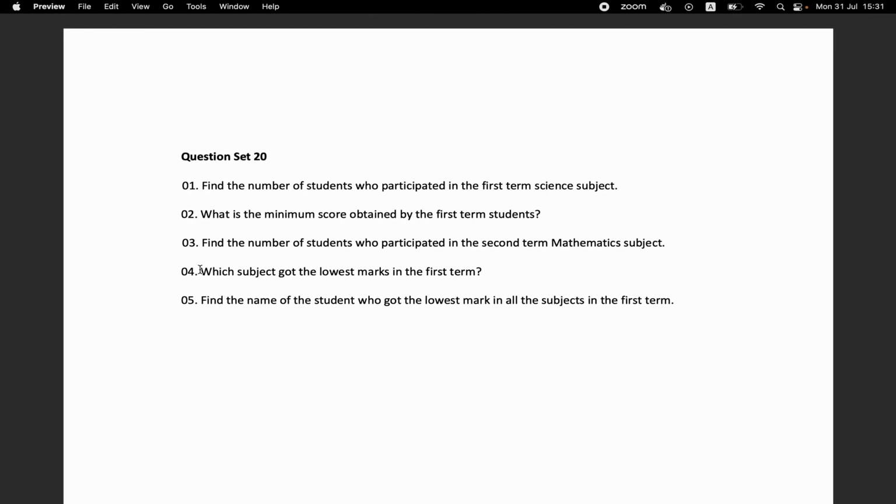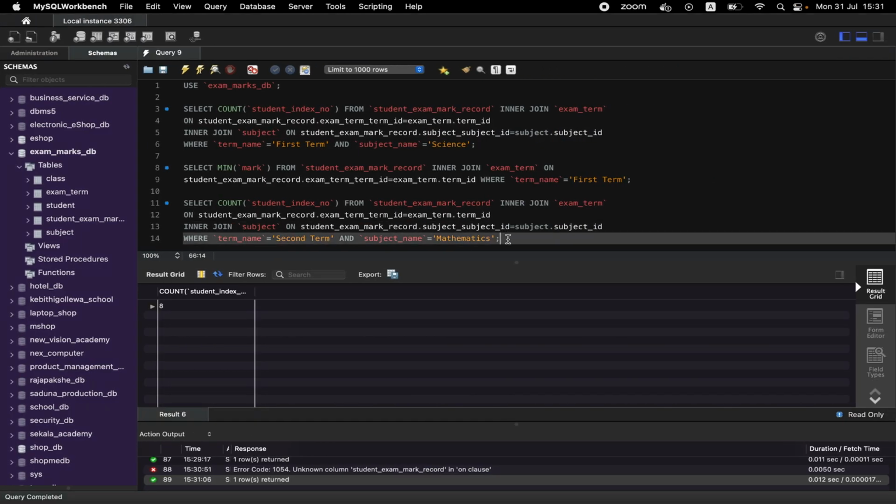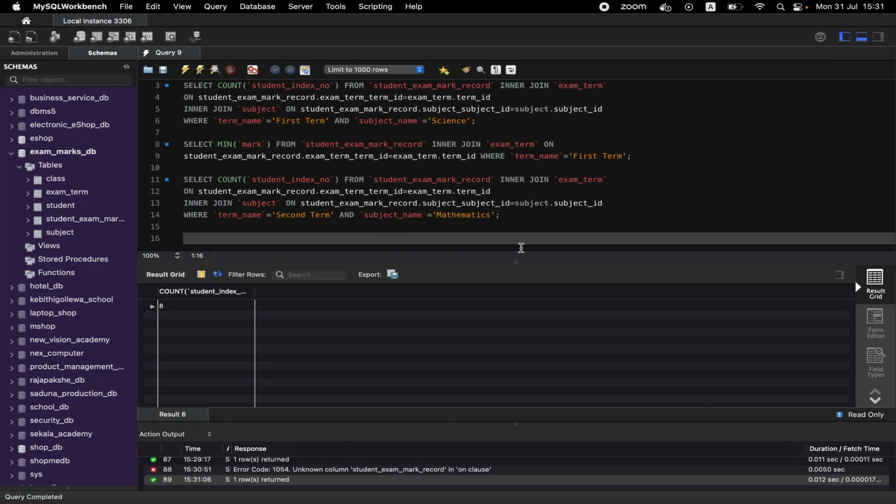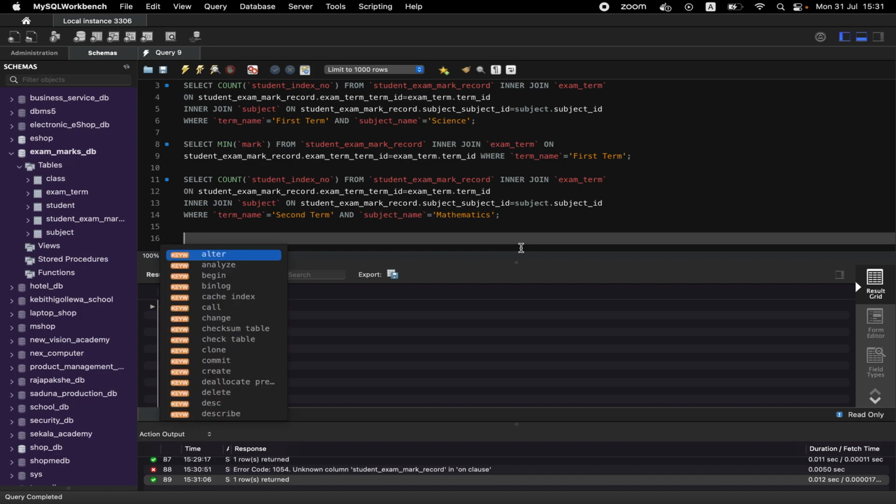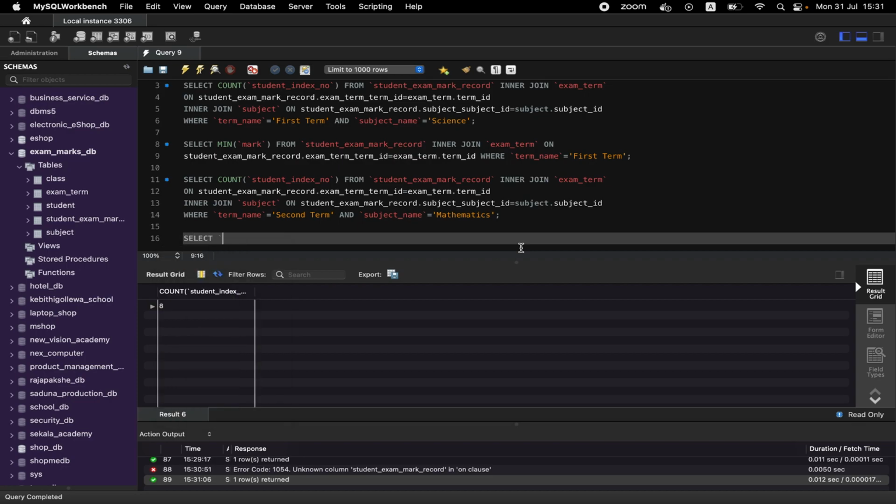The next question is, which subject got the lowest mark in the first term? To get the answer for this, first we have to write subqueries. Select subject name from the subject table, where subject ID in, here we have to write another select query.